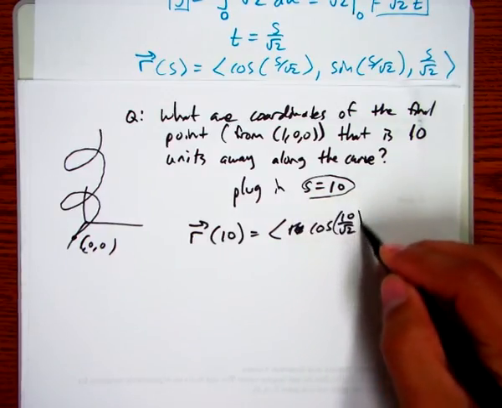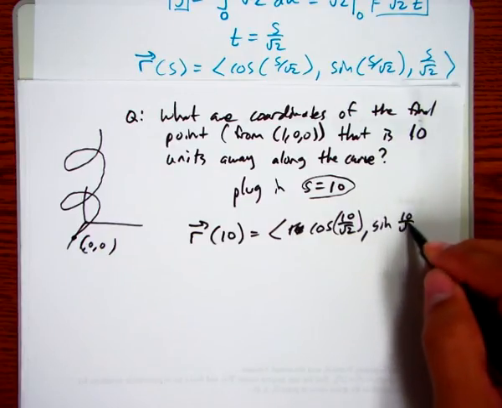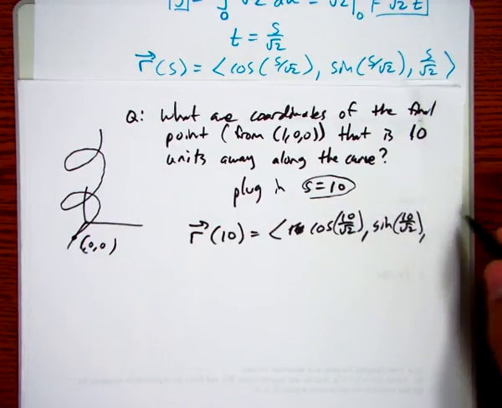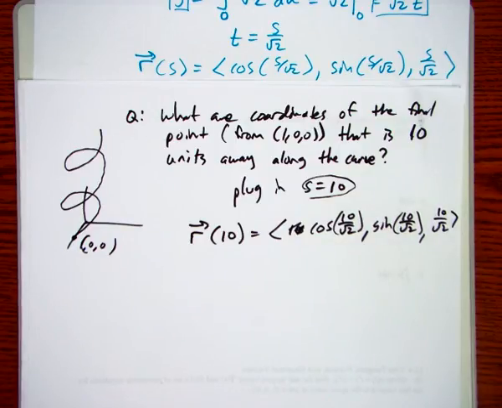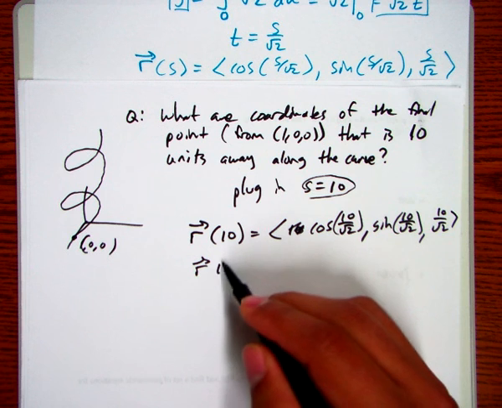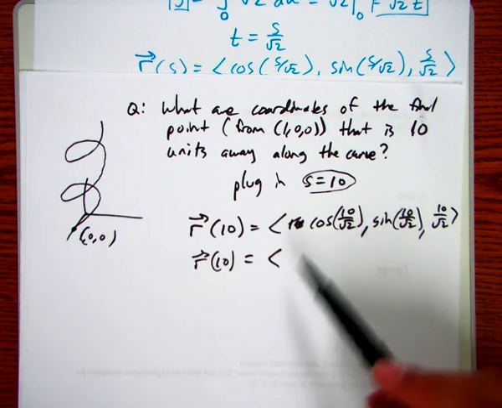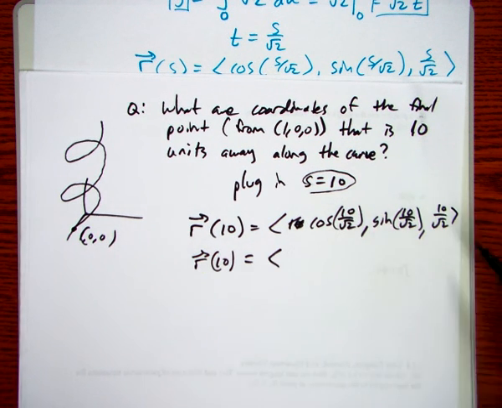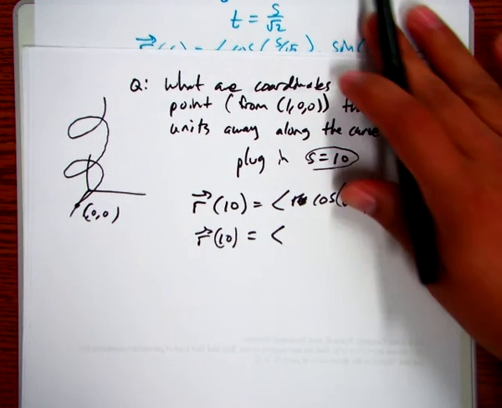If you have calculators, I could use the help. Sine of 10 over root 2, and then 10 over root 2. So we get a vector from this function, but the components would be the same coordinates for our point, right? What's cosine of 10 over root 2 going to be?